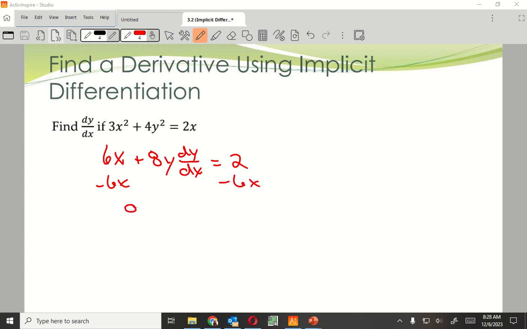So I bring down my 8y dy dx is equal to 2 minus 6x. And then again, there's a reason why I keep saying that this is a multiplication. So to undo the 8y, I need to divide both sides by that, because that's a multiplication times the dy dx. And divide both sides by 8y.